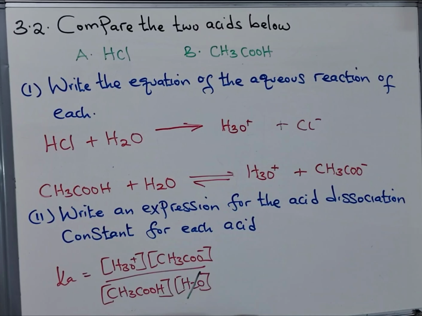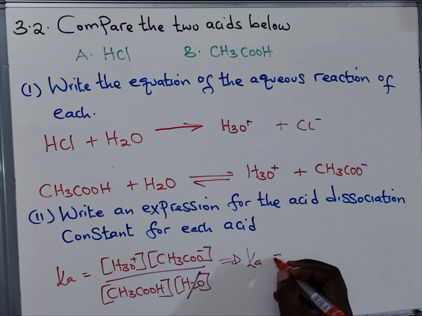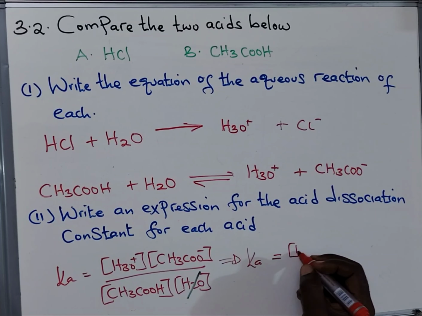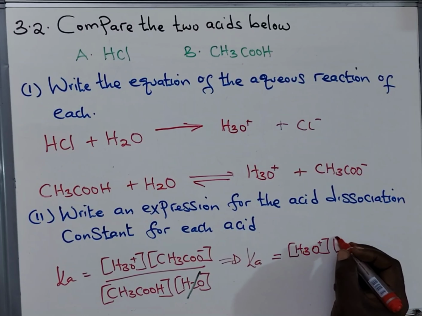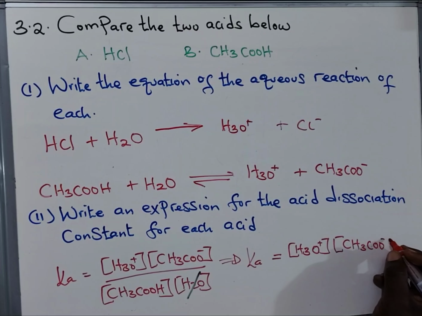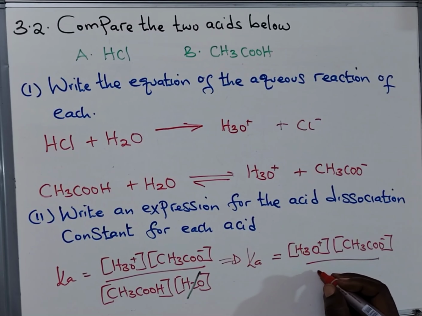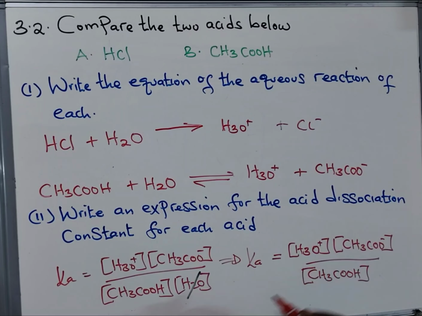But our water technically remains unchanged, so we leave it out. So our Ka becomes the acid dissociation constant, giving you hydronium ion times ethanoate ion over CH3COOH. Yes, that is it.